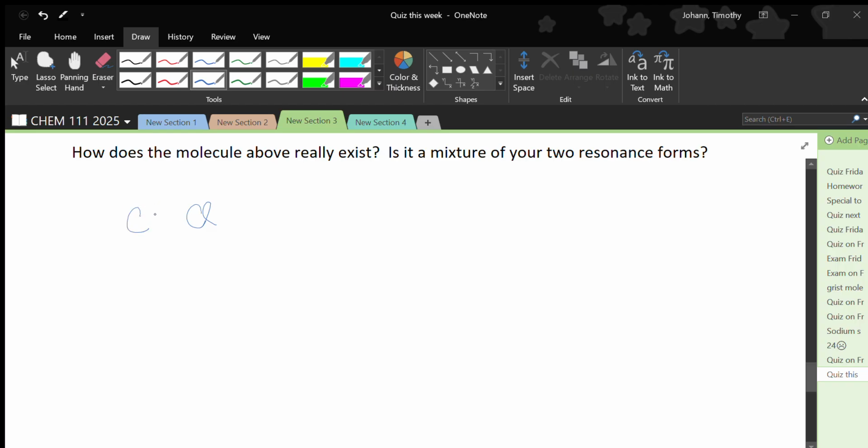So carbon, oxygen, chloride. I think I'm going to need 2 chlorides. I may have just given you one from the book. I apologize. But actually, let's make it slightly different. Let's make it a bromide. All right, so this one.